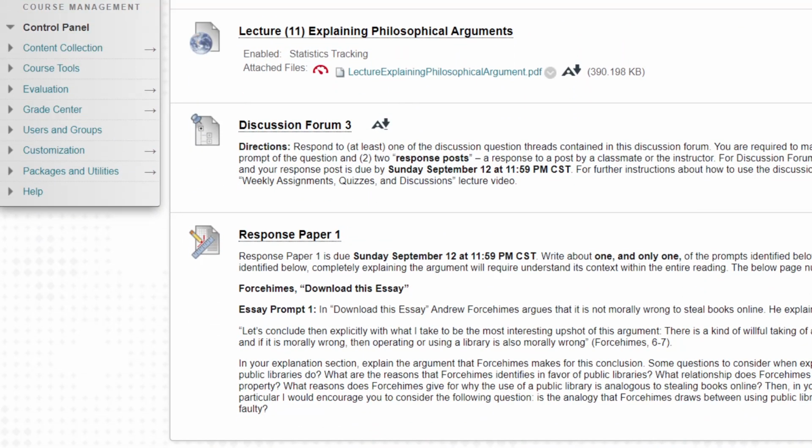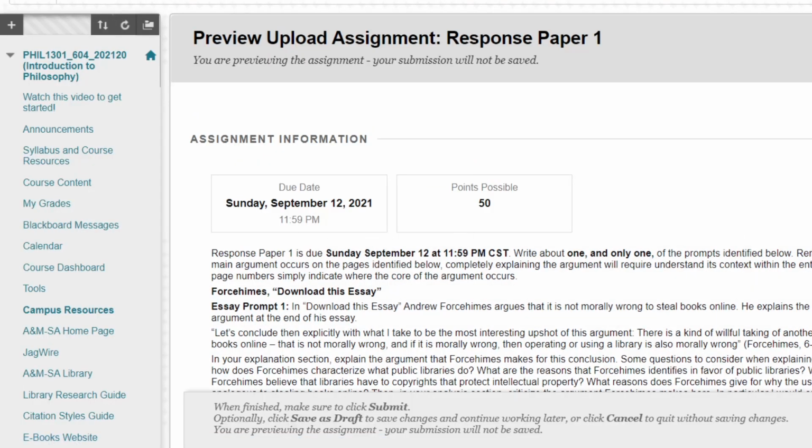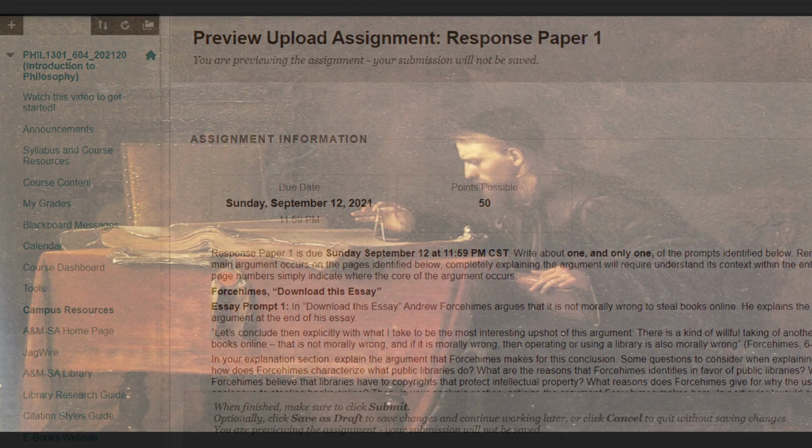You will notice that you can also find the due date for the paper as well as a description of the essay prompts in this submission area. Now, to submit your paper, you will just need to click on the link for that response paper. This will bring you to an area where you can upload your submission as an attached document in either .doc or PDF format.